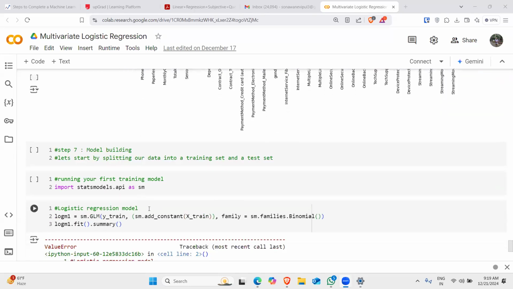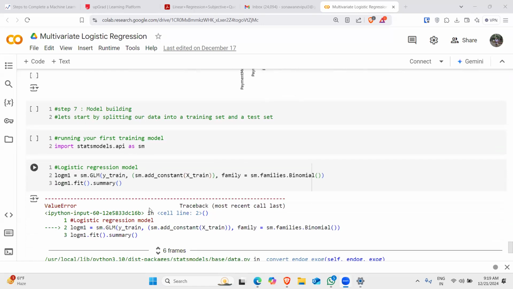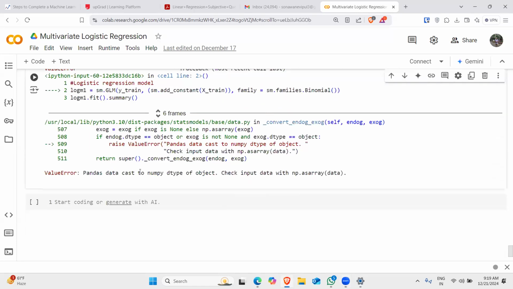Okay. Model building we are going to do, right? And here we can see the error: please cast data to a numpy data type instead of object. Please check with an npy array. So binomial was not happening.